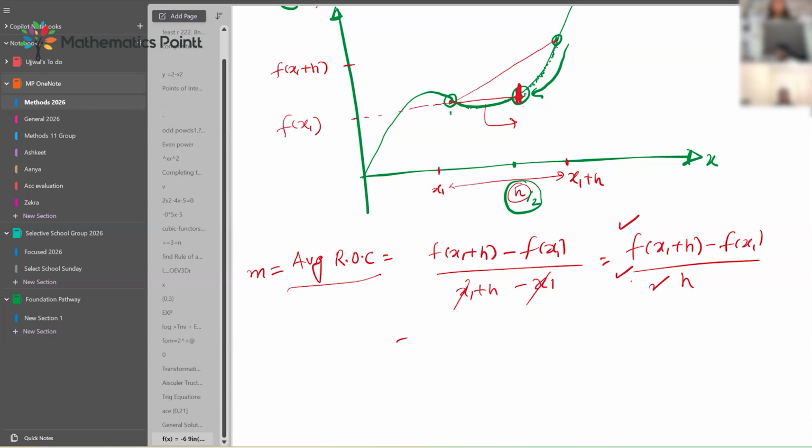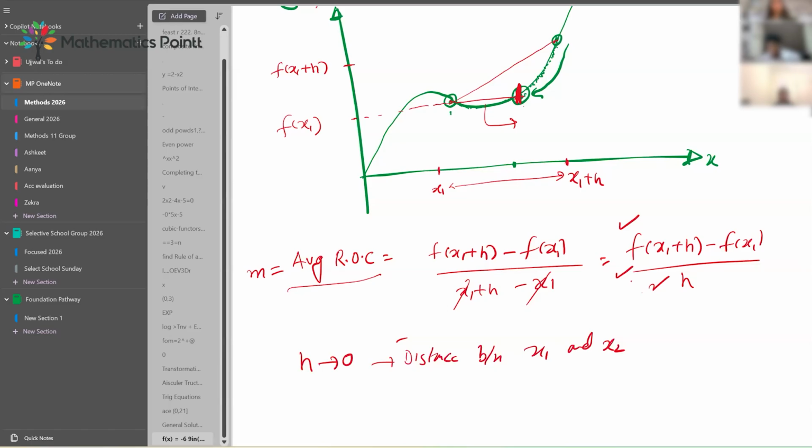Now I say, and hear me out loud and clear, decrease h to such an extent that it approaches zero. It is a super duper small value. What is h? H was the distance between x1 and the other point, x2.